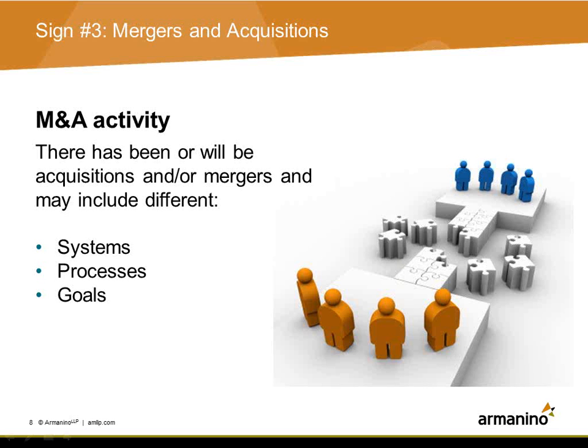So the third sign is related to mergers and acquisitions. In a strategic sense, mergers and acquisitions really focus on that 1 + 1 = 3 mentality of being able to get more out of the combined entity than if they were to operate as individuals.